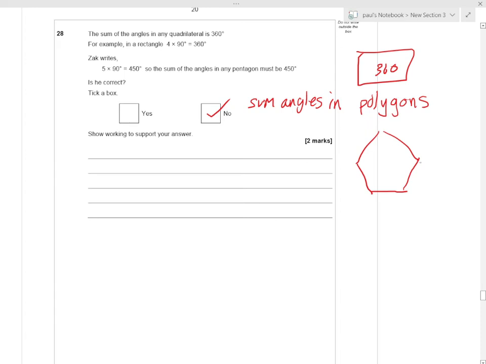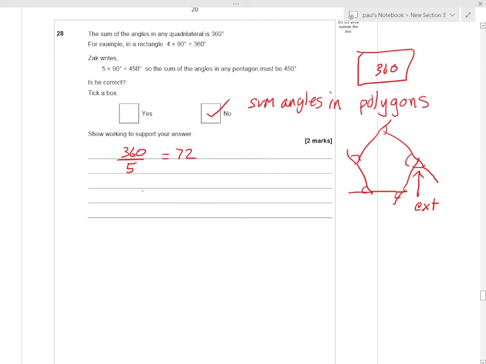What we're going to do is work out the exterior angle. Now there's 1, 2, 3, 4, 5 of them. All the way around is 360, so 360 divided by 5 gives 72. Each one of these is 72.